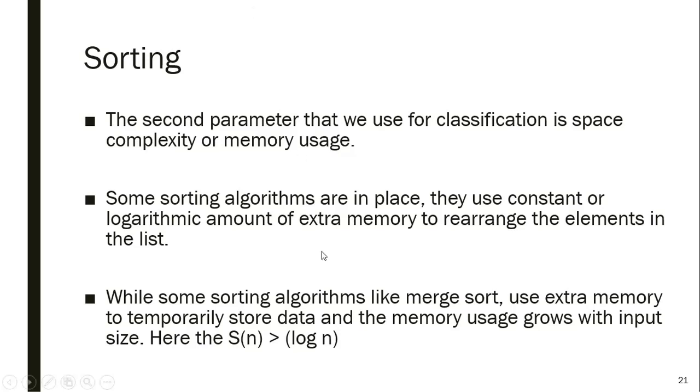That is why it is called out of place. When some sorting algorithm like merge sort uses extra memory for temporary storage of data, and the memory usage grows with input size, these are called out-of-place sorting, and here S of n, the space complexity, is greater than log of n. In-place you can say is constant space.